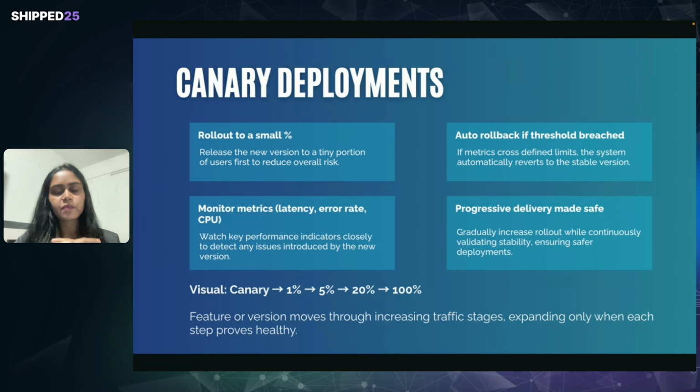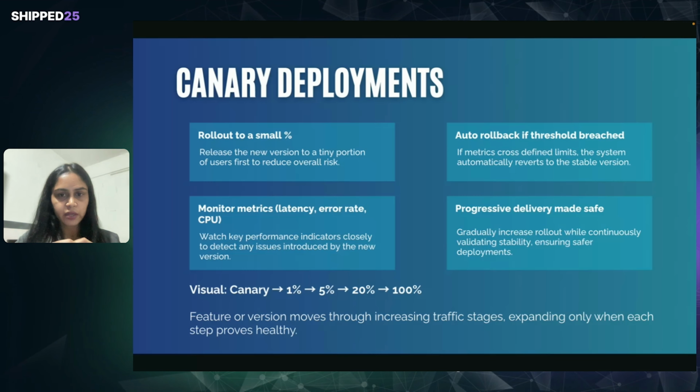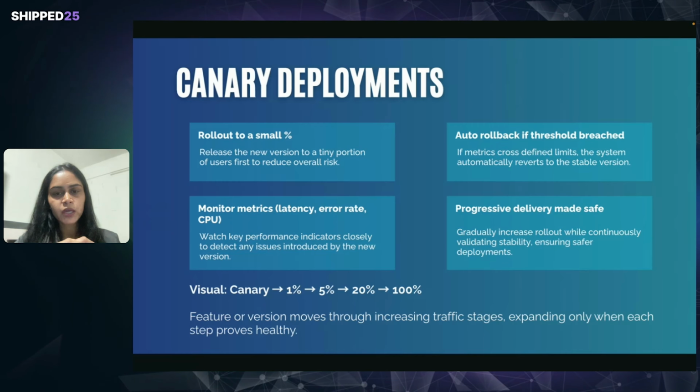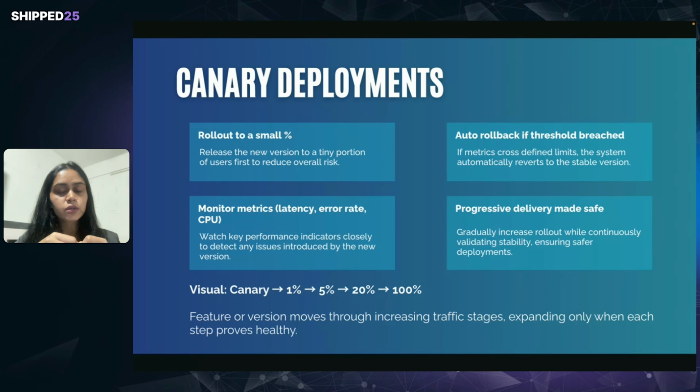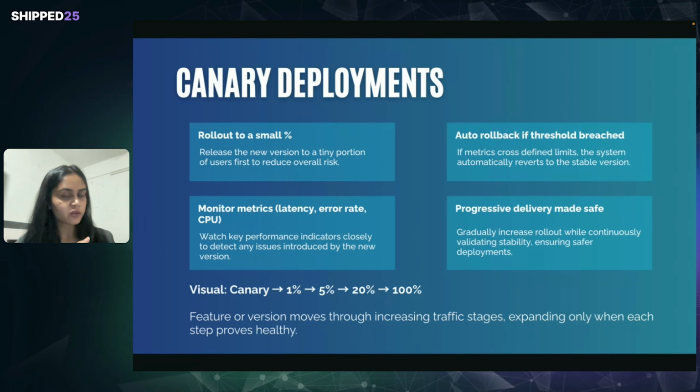We can take a practical example here. Imagine you are upgrading your payment microservices. Instead of exposing every user to the new version, you send the traffic from only 1% of the users.